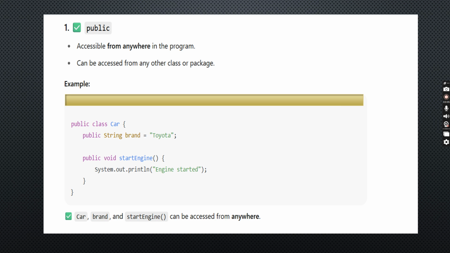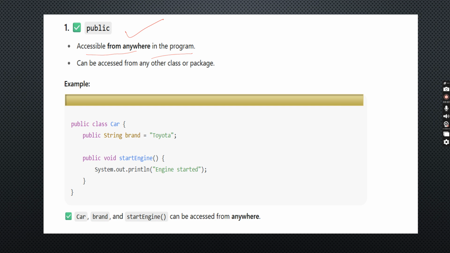Now the first type is public. What is public? Accessible from anywhere in the program. Public means you can access it anywhere in the program.